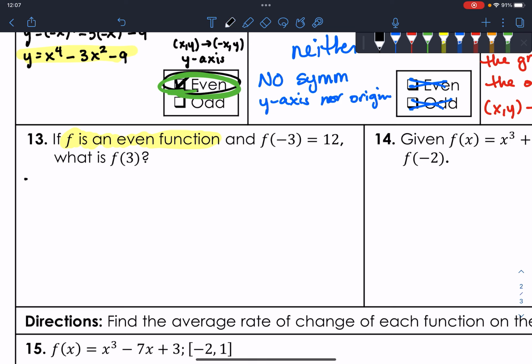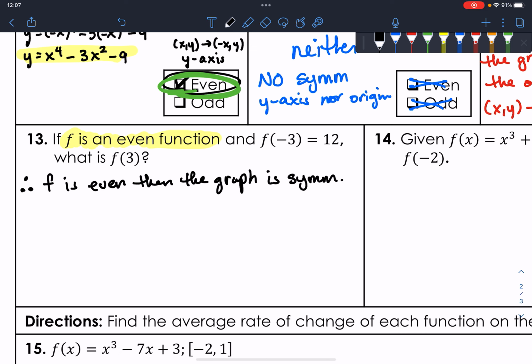So because f is even, then the graph of f is symmetrical across the y-axis.